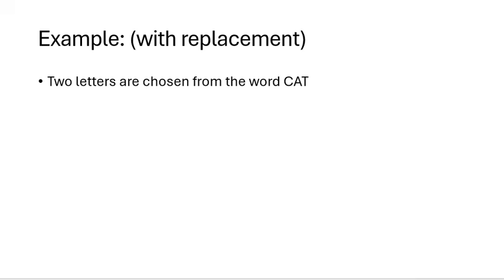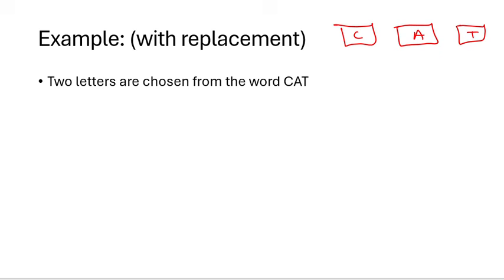So you must be careful with that, okay? Now, an example, and this is an example with replacement. Two letters are chosen from the word cat. So what you're going to do is draw something like this. Assume that the word cat is spelt separately on each card. So you have C on one card, A on another card, and T on the third card.